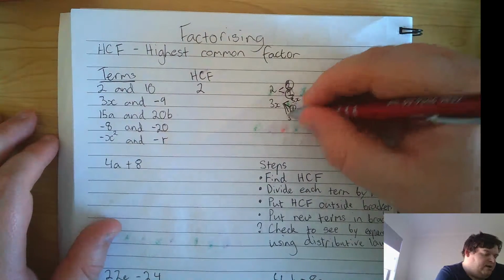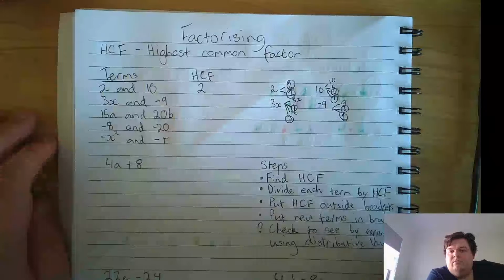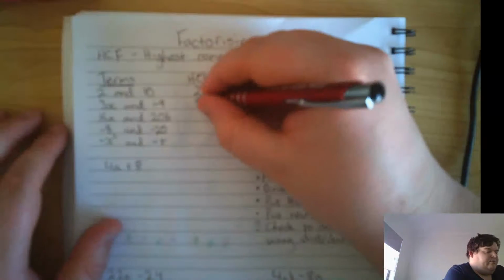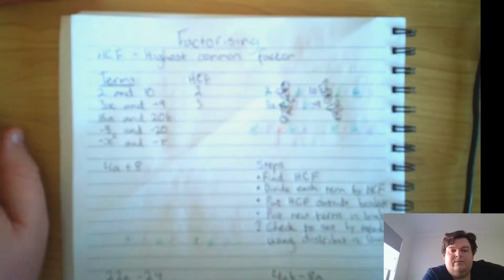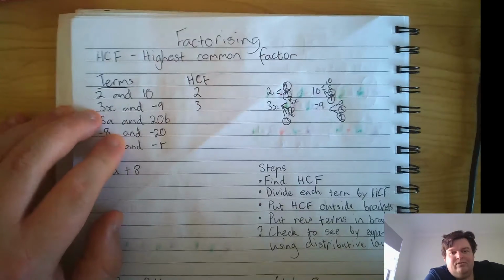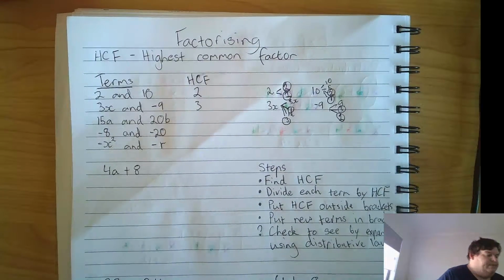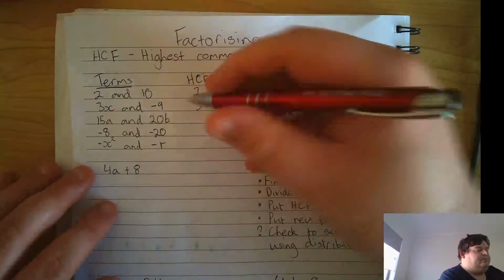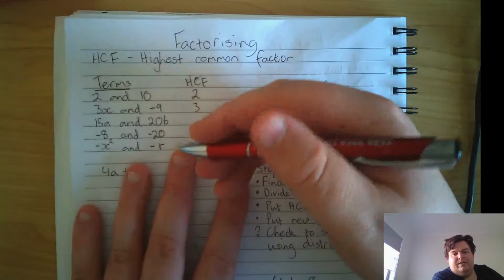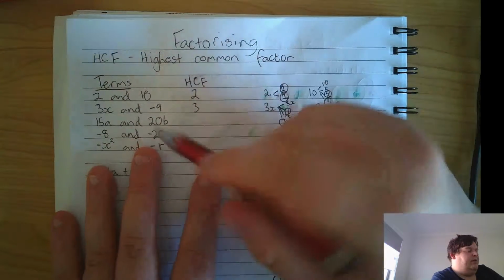Both numbers have 1 and 3 in common though, so 1 and 3 in common, highest common factor being 3. If both these numbers were negative numbers, I could look into, say, a negative 3 or something like that. But anyway, you get the idea. I'm not going to go through the whole lot of them in the same way. You can do that on your own if you would like.